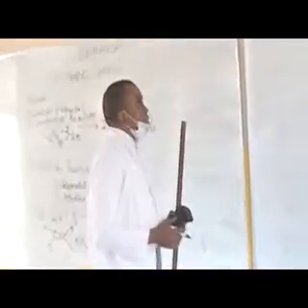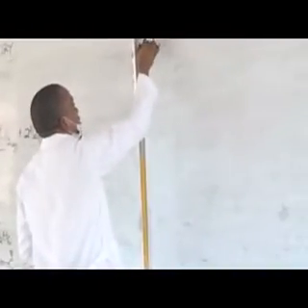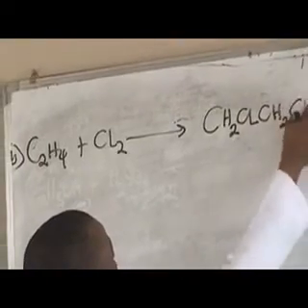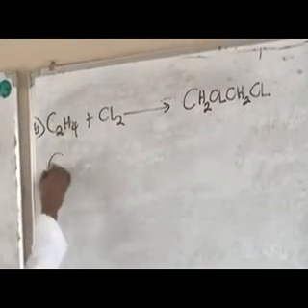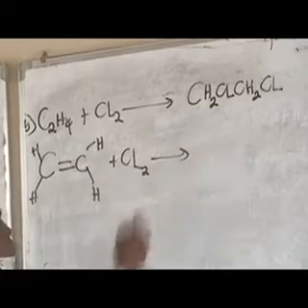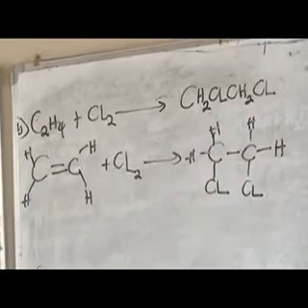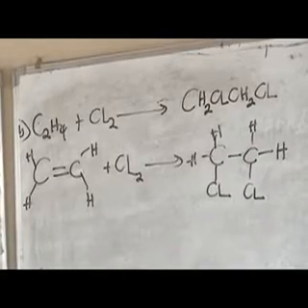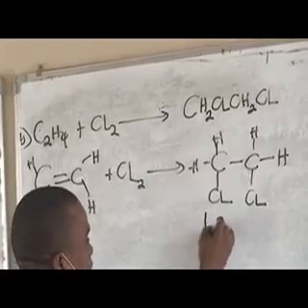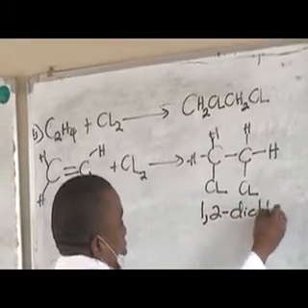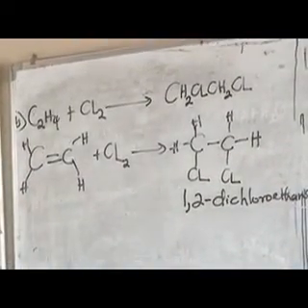Compounds. The halogens, with chlorine, with bromine. Now let's bring out the structure of this compound to appreciate it better, to understand it better. You're going to have a compound that is saturated, no longer unsaturated. And what do we call this compound? We call this compound dichloroethane.